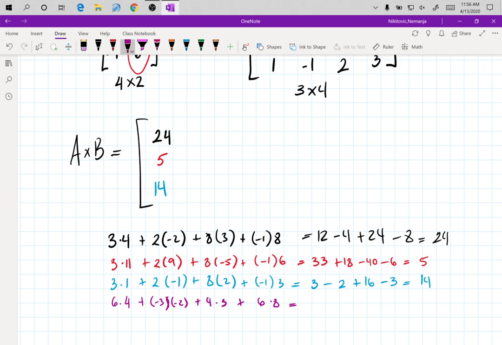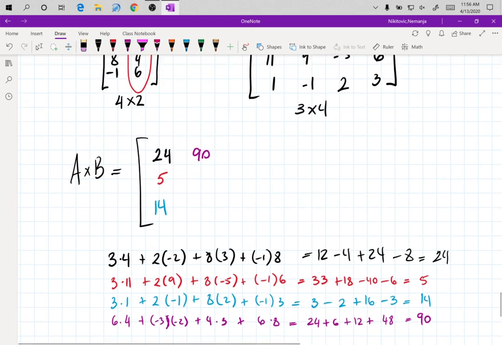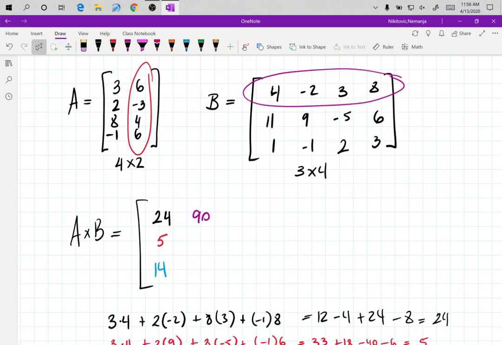So we have 24 plus 6 plus 12 plus 48. So the first one gives us 30, the second one gives us 60, so together 90. And now we write that first row, second column. Right? We do have a first row and we do have a second column.